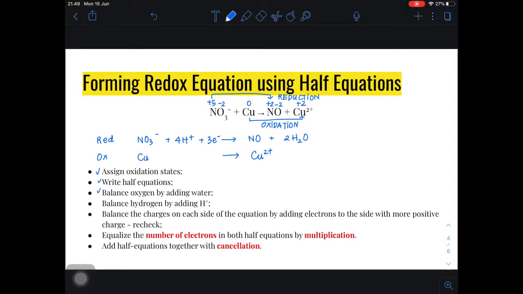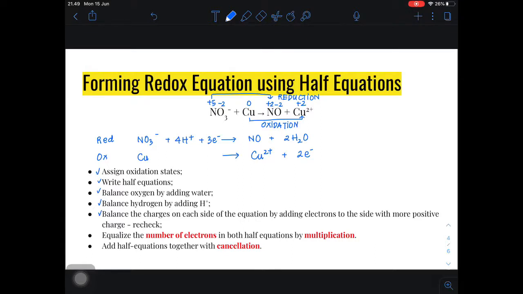And for the oxidation process, we need to add 2 electrons at the bottom. We're done until the 5th step. Now equalize. This is the step that was not previously explained. Equalize the number of electrons in both half equations by multiplication.